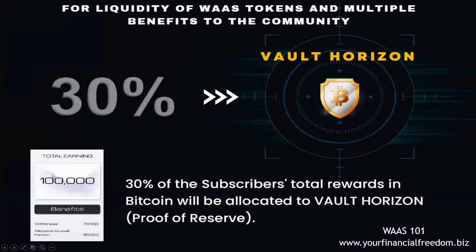Let's say you have earned a total of $100,000. 30% of that will go to the first Vault Horizon, $30,000. Now you have $70,000 for withdrawal, minus the 2%. So they'll put $68,000 in your account that you have for withdrawal. And $2,000 will be the managerial fee, administration fee.